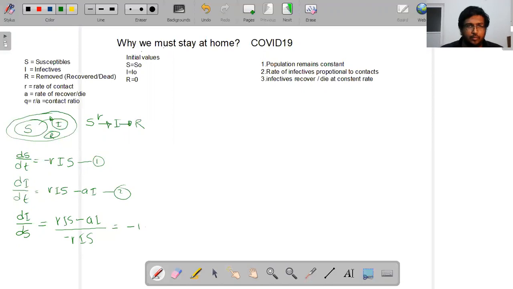You get minus 1 plus A over R S. We can see this A over R segment; according to the definition, we call it Q, where Q is R over A. So we can replace that part, and dI over dS is equal to minus 1 plus 1 over Q S, where Q is R over A. Now we have a very clear differential equation: dI over dS equals minus 1 plus A over R S.